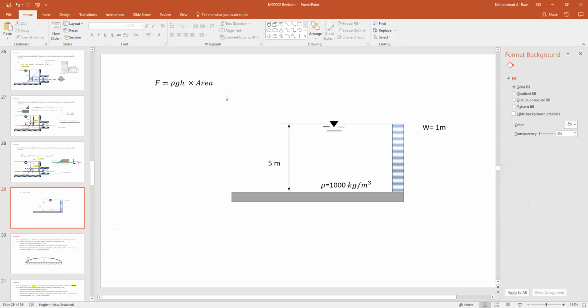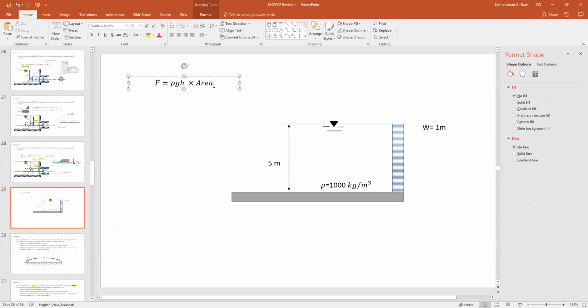Remember what we always say: if it really starts from the surface, then I'll use the equation. Rho is 1000 times 9.81, the gravity acceleration, times h. In this case, what should h be? Because it starts from the top, from the surface, covering the entire gate, I will write 5 divided by 2, half h, which is 2.5.